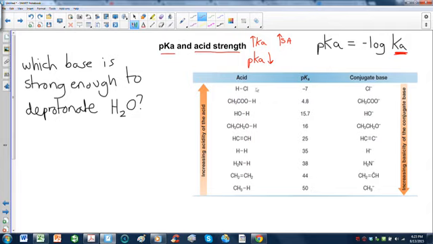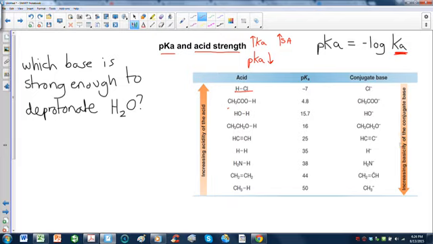When you take an acid and remove the proton, you get the conjugate base. These acid strengths and conjugate base strengths are also inversely proportional. If you have a really strong acid like HCl here, really strong as measured by the -7 pKa, that means it really wants to donate its proton, meaning the Cl- is really stable and non-basic.